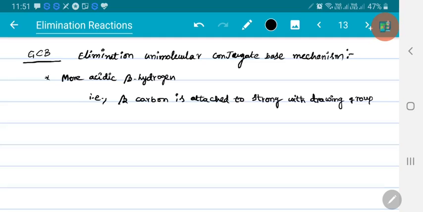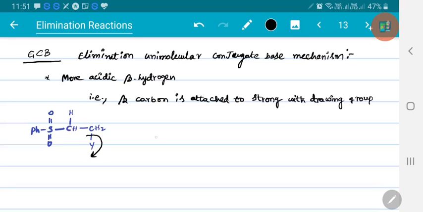So for example, let me take an example here. If I have taken Ph-S=O, so it is a good minus M group. This must be the beta carbon, so there must be another carbon CH2 and there must be a leaving group, right? So this is a leaving group.